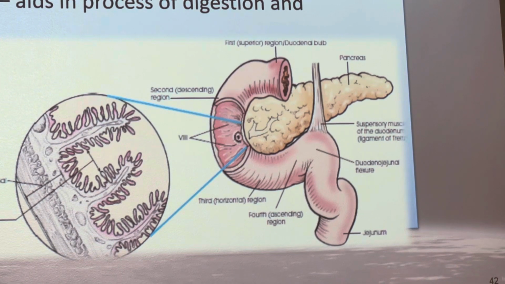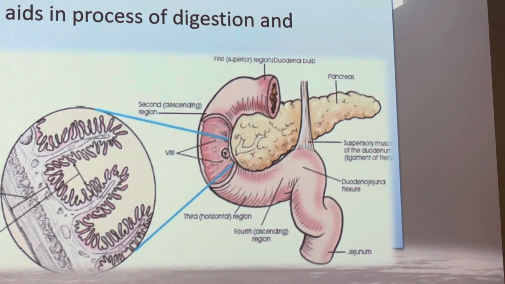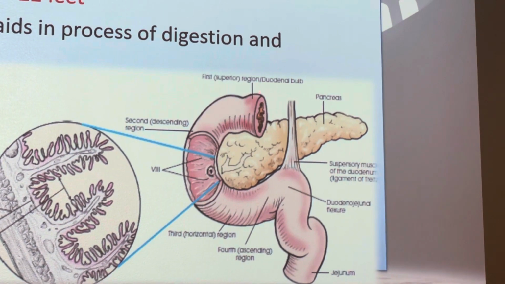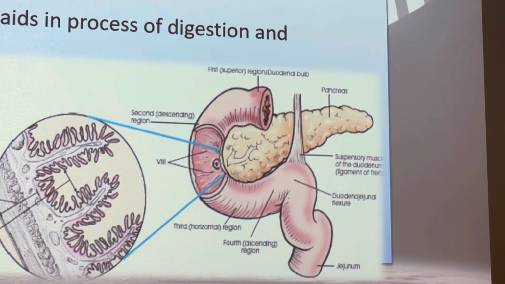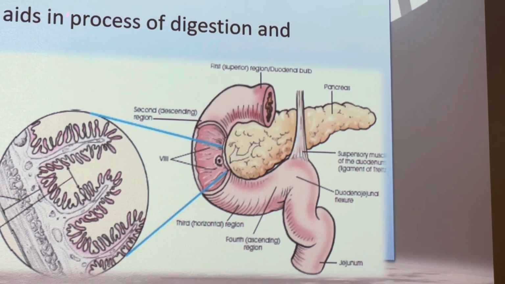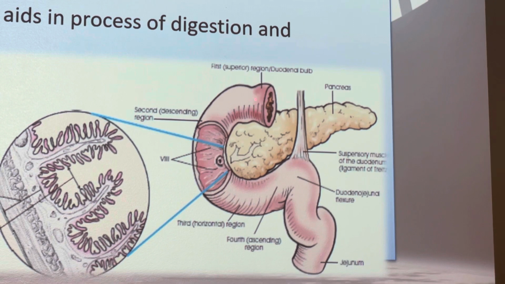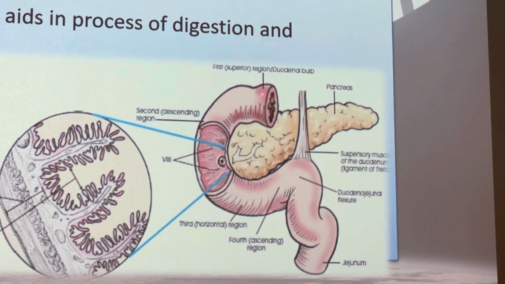I'll go through that again, because that's a lot. Once we leave the pyloric sphincter and enter the small intestine, duodenum specifically, we have 4 regions that we're going to travel through. First being the superior region. That's where that duodenal bulb is.